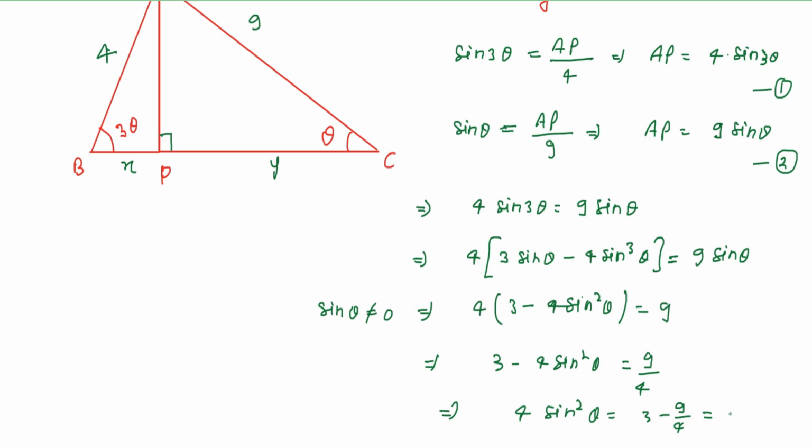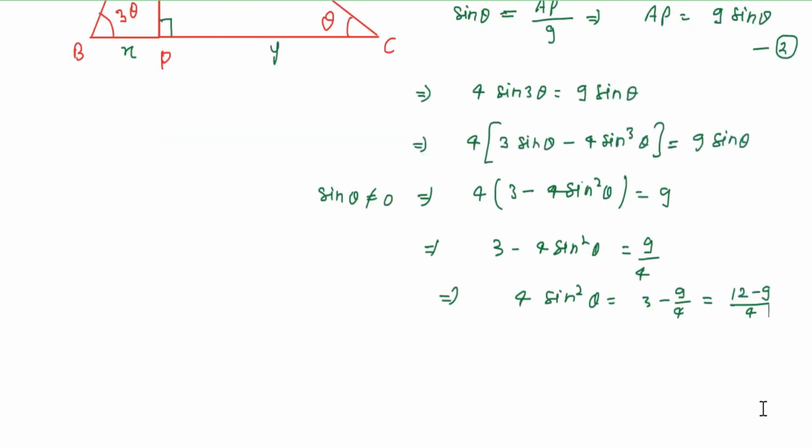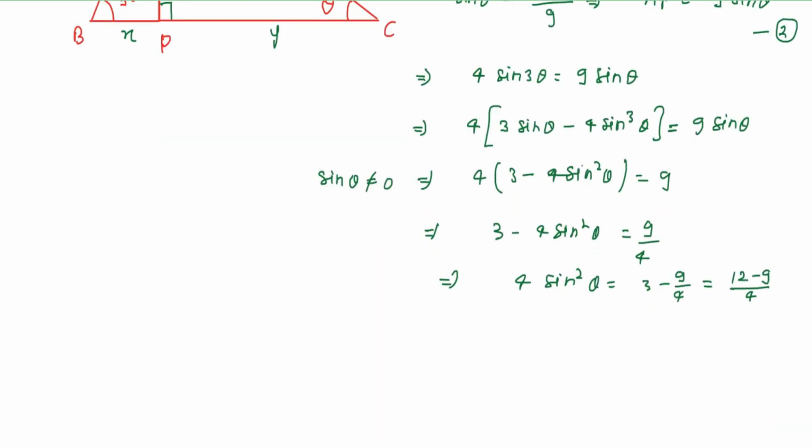Further, after simplification, it will give 12 minus 9 divided by 4. Further, we will have 4 sine square theta is equal to 3 divided by 4. So from here, we can have sine square theta is equal to 3 divided by 16.